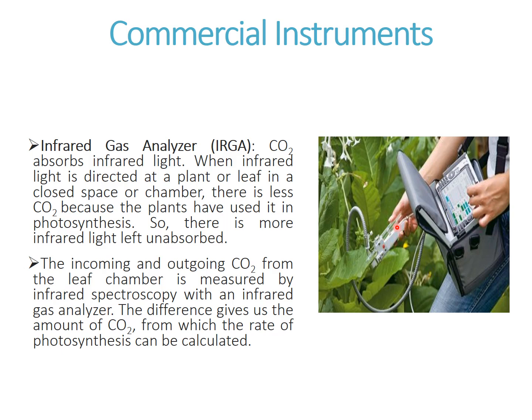So there is more infrared light left unabsorbed in the chamber. The incoming and outgoing carbon dioxide from the leaf chamber is measured by infrared spectroscopy with an internal infrared gas analyzer, and the difference gives us the amount of carbon dioxide from which the rate of photosynthesis can be calculated.